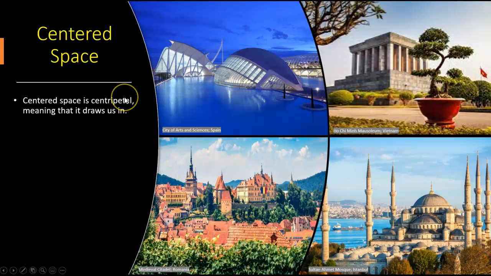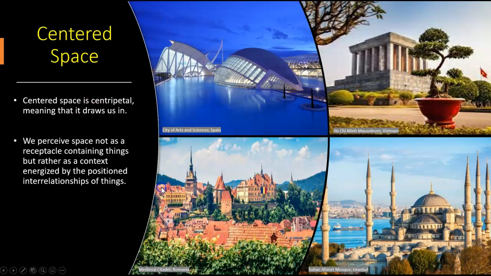Centered space is centripetal, and that means that it draws us in. It has a centripetal force. It's important to remember that we perceive space not as a receptacle, like a box that contains things, but rather as a context that's energized by the positioned interrelationships of things. That's the frame of mind that an architect wants to be in.